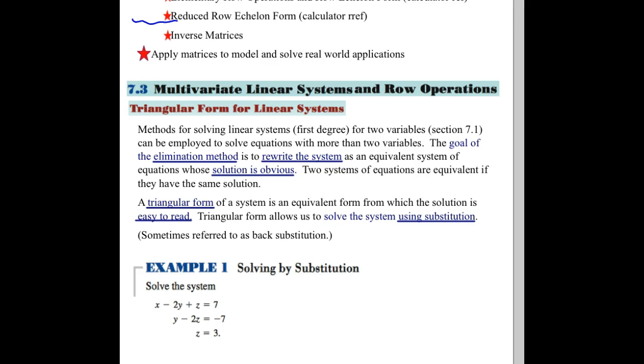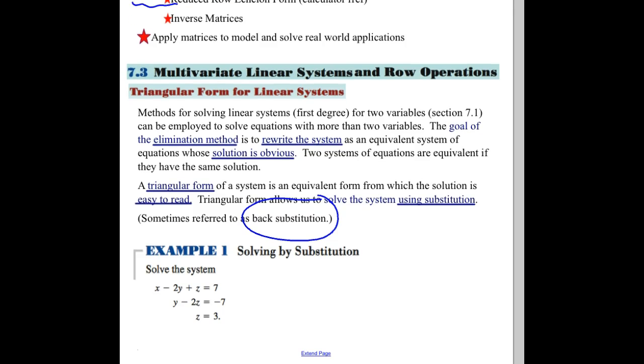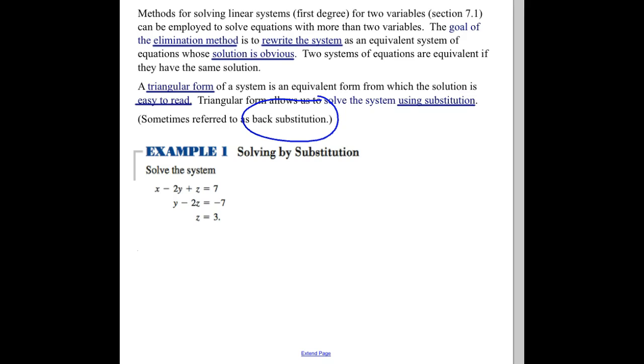We are going to refer to it as back substitution. Okay. Now, we're not going to actually solve this first one because it's used again in example 2. We'll solve it there. But I just wanted you to see what we mean when we say triangular form.